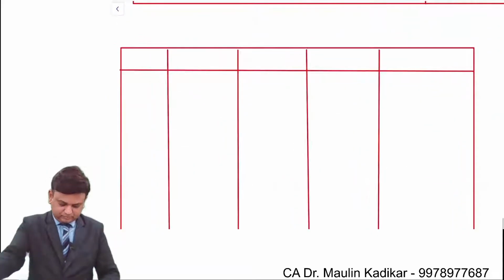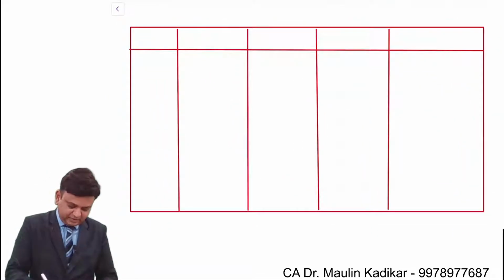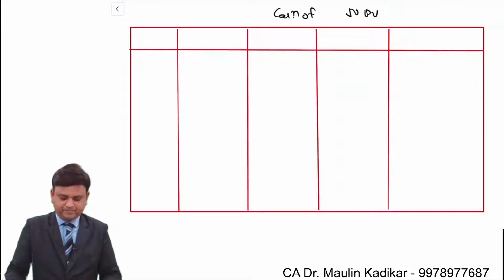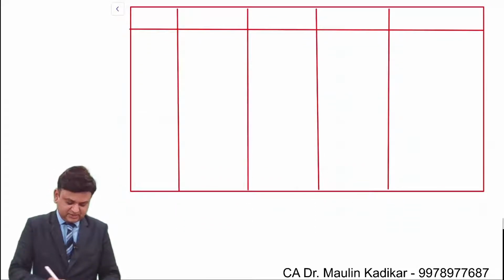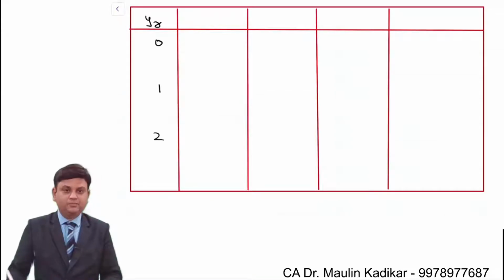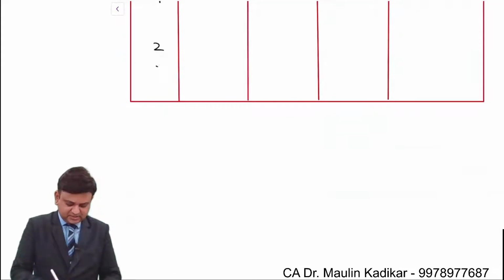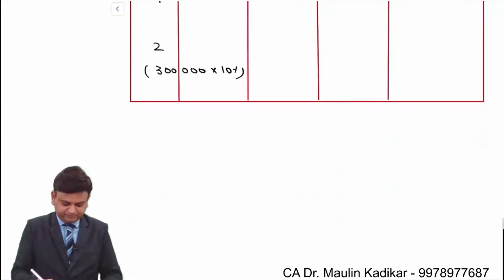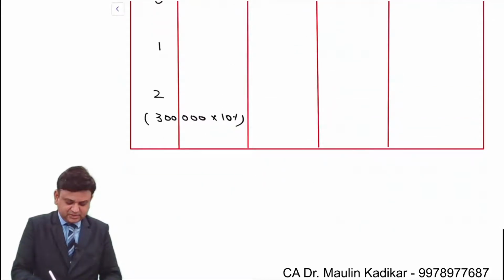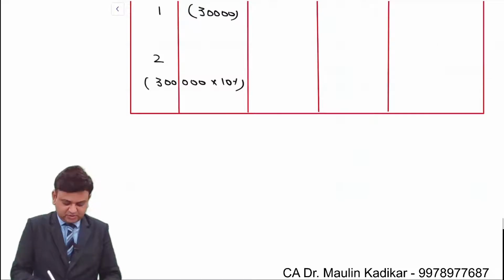Next, calculation of NPV. In that we understand it like this: year 0, year 1 and year 2. We will have interest payment, that is 3 lakhs into 10%. End of year 1 it is 30,000. End of year 2 it is again 30,000.